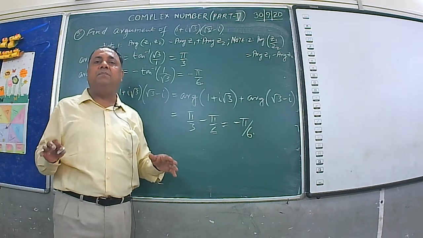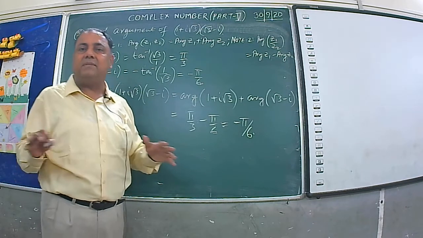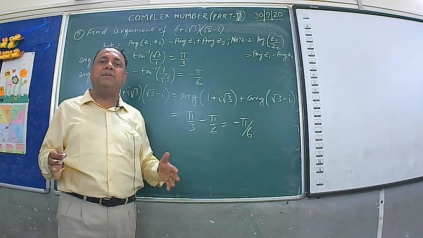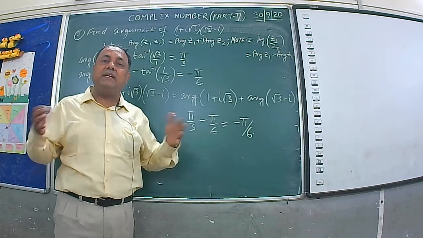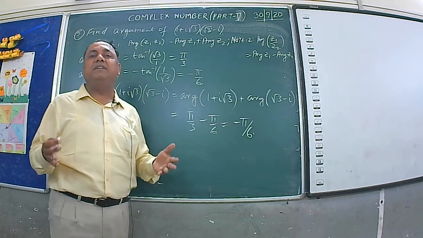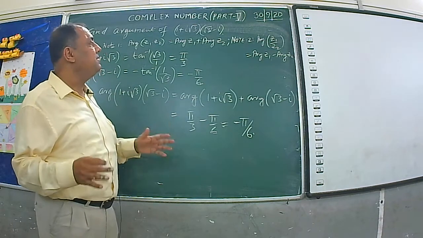Let us make things simple. As things are made simple, it would be easy for you to remember. It would be easy for you to recollect in your examination, because examinations are the ultimate. So let us keep things very simple.